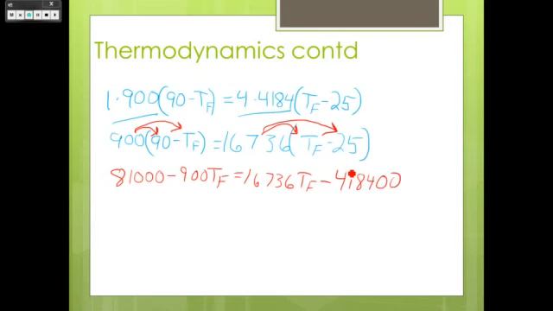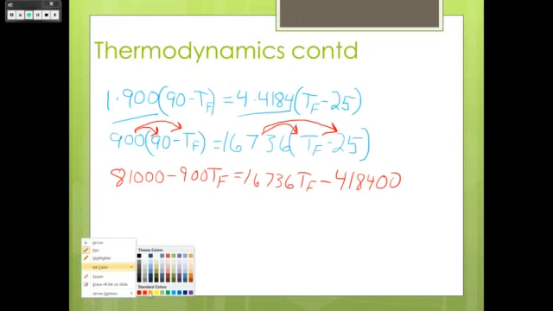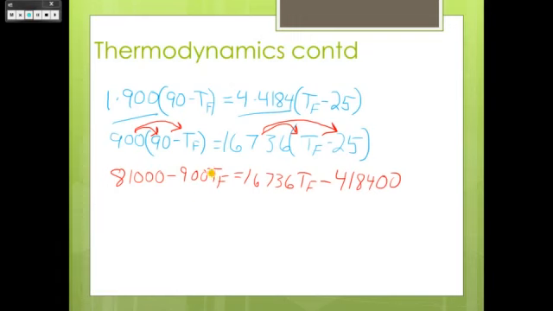So that's just a simple three-step algebra problem at this point. I need to get all of my variables on one side and all of my constants on the other. So to do that, I am now going to add 900 TF to both sides.